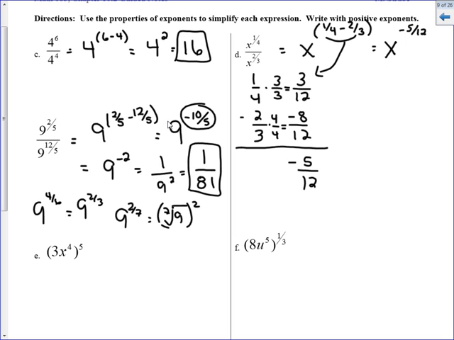So it's like this example right here. Whenever you end up with a negative exponent, if that's all that's in your problem, just 1 over x to the 5/12. Move the whole thing, just change the sign on the exponent. Questions?